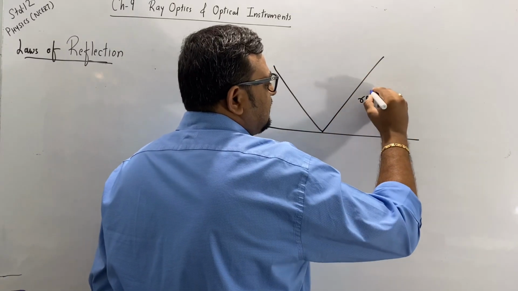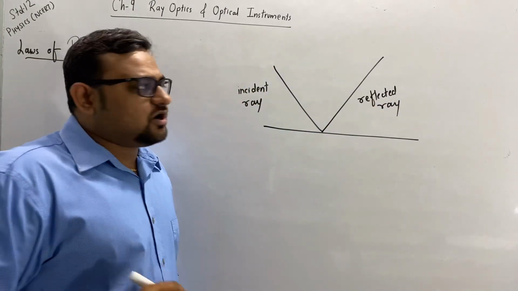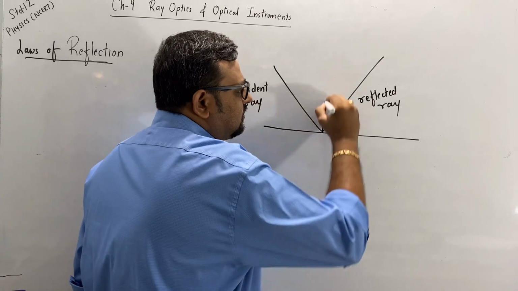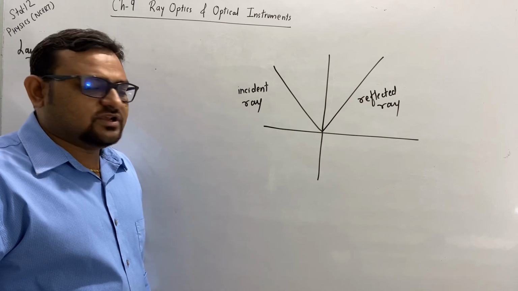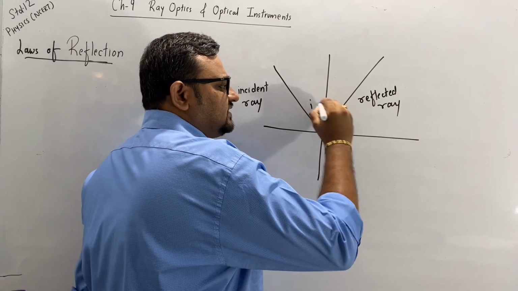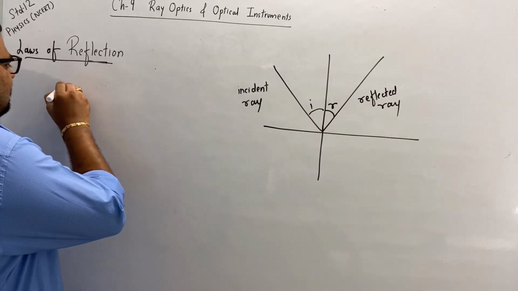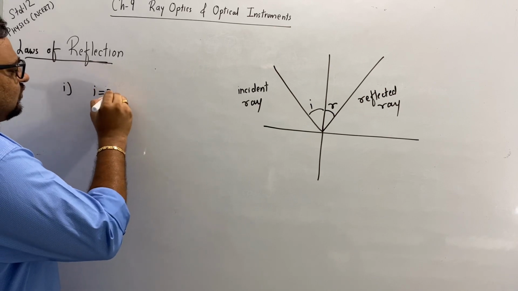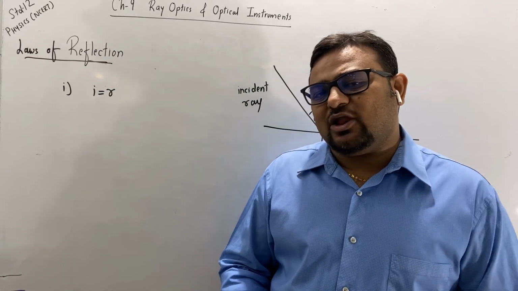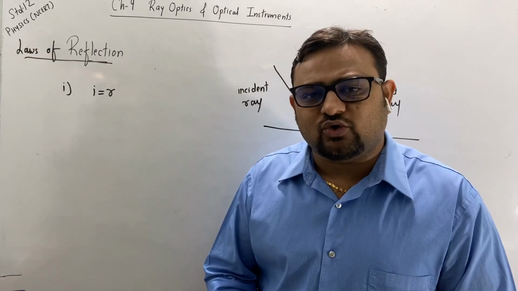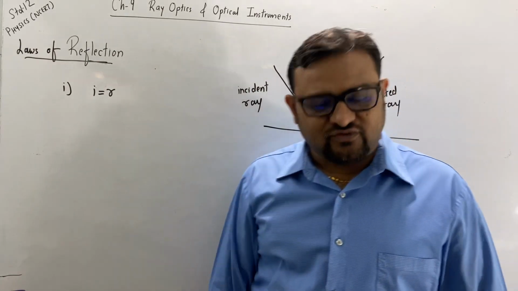This is the reflected ray. Let's draw a normal, perpendicular, 90 degrees to the surface. This is the angle of incidence and this is the angle of reflection. So what is the first law? I is equal to R. The first law states that the angle of incidence is equal to the angle of reflection.